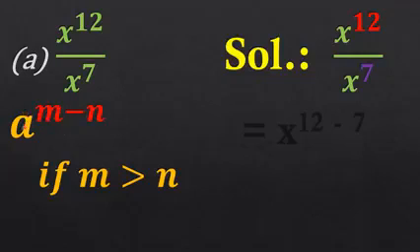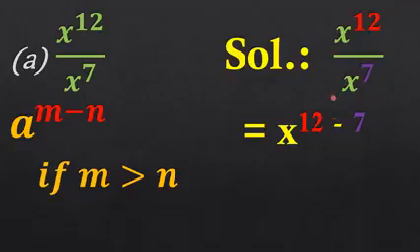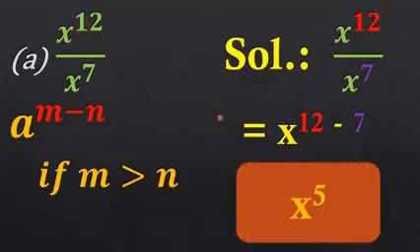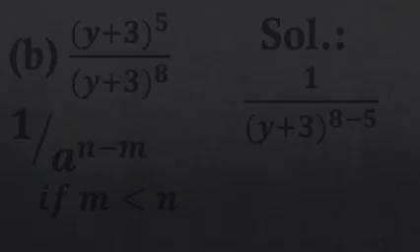That is your base raised to m minus n. So our base here is x. Then we will subtract the exponent, 12 minus 7. And 12 minus 7 is equal to 5. Hence, x raised to 12 over x raised to 7 is x to the 5th power. That's the answer.